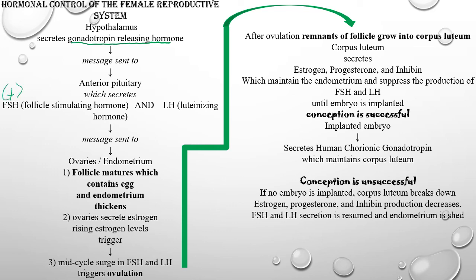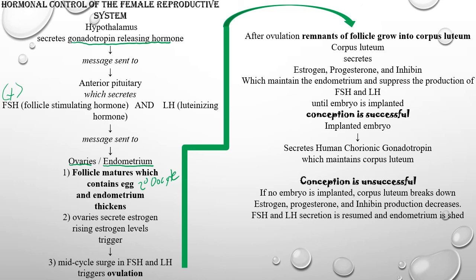FSH and LH is going to go down to both the ovary and the endometrium. This is going to cause the follicle to begin to mature, and so this is going to generate a secondary oocyte, or our egg.